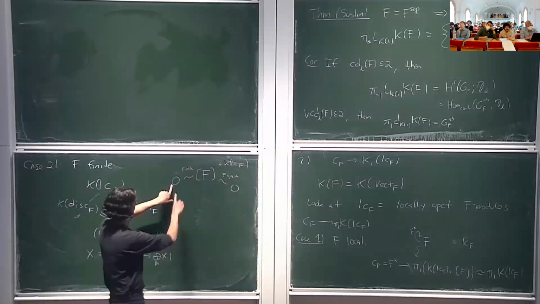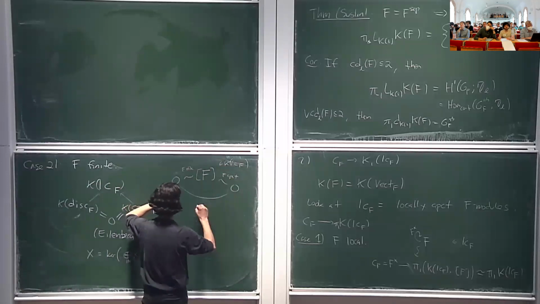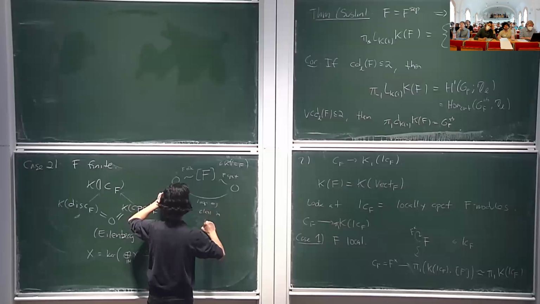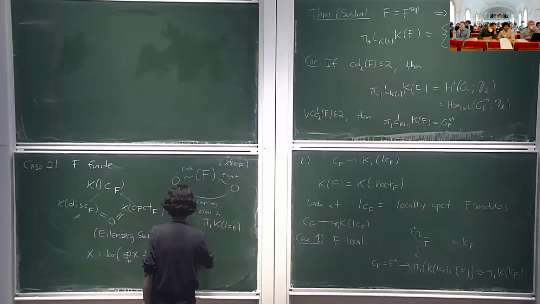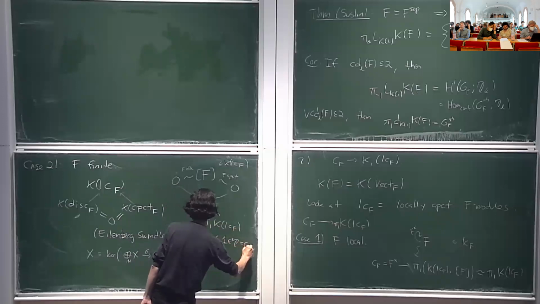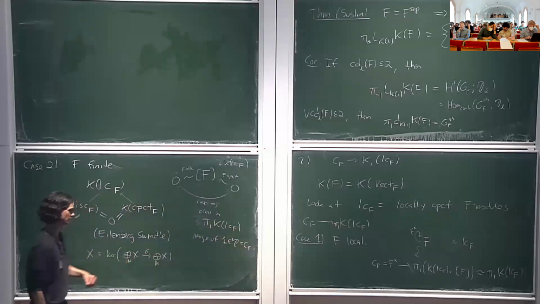And we have 2 different reasons why something's 0. That means we have a loop. That means a class in pi 1 of K of LCF. And that will be the image of 1 in Z under our Artin map. To specify the Artin map, we just need to know where 1 goes, and that's where it goes.